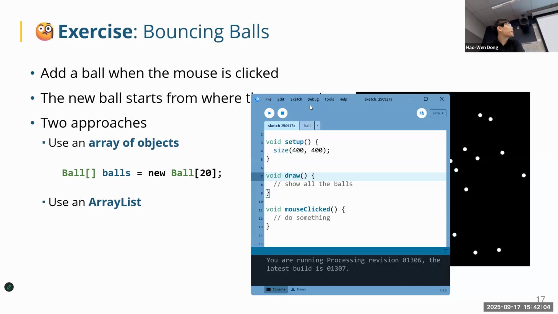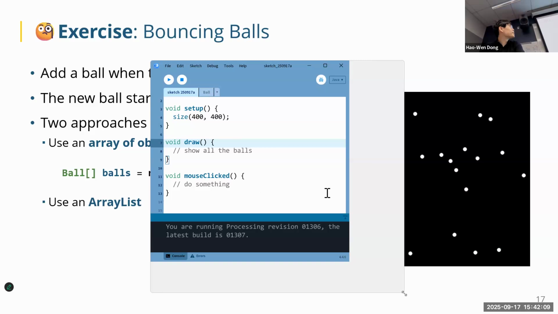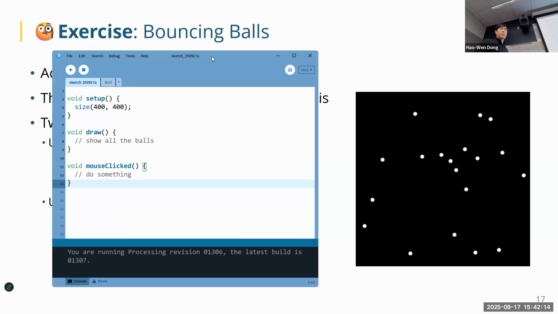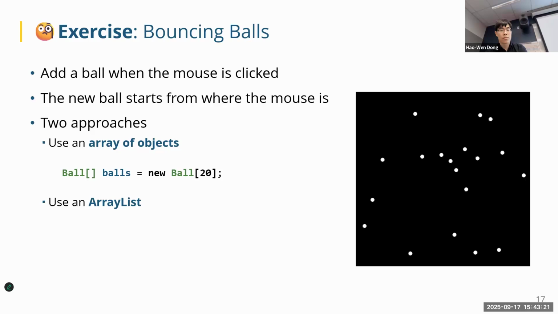Please try it. I've shared the ball.pde thing in the chat. You will want to randomly get the ball at a random position. So think about how you can do it.